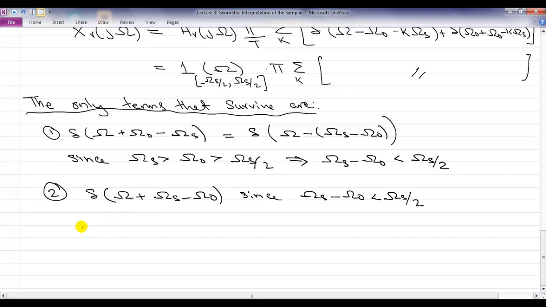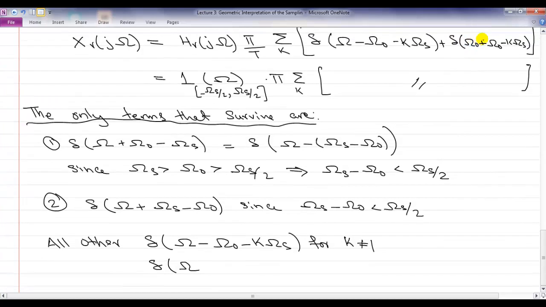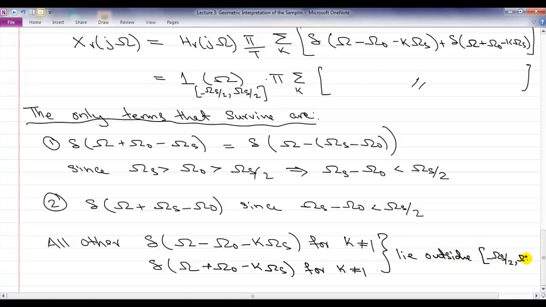All the other terms, all the other δ(ω − ω0 − kωs) for k not equal to 1, and δ(ω + ω0 − kωs) for k not equal to 1, I think I had an error here, all these terms lie outside minus ωs by 2 and ωs by 2.